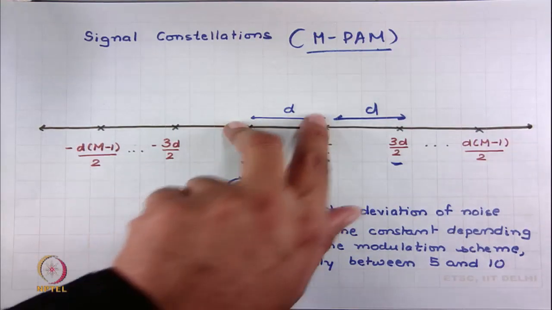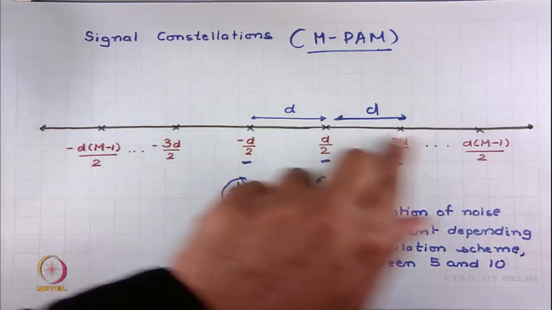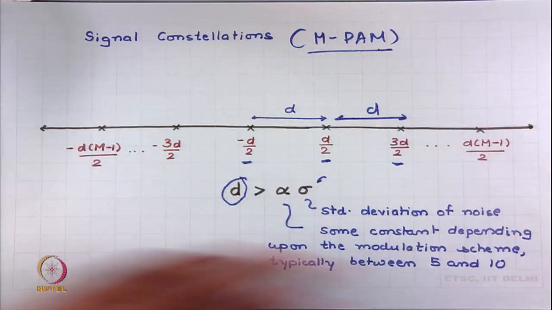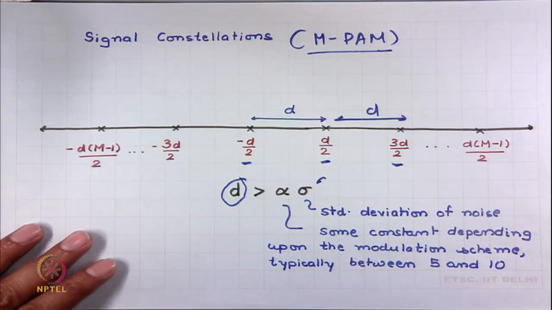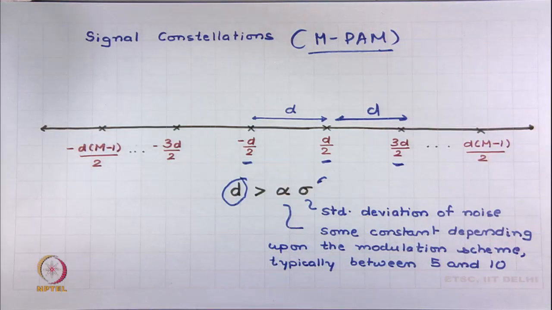Once you have decided upon this value of D, you can place all the symbols separated by this distance D, okay, and by this you can get to the signal constellations of M-PAM.